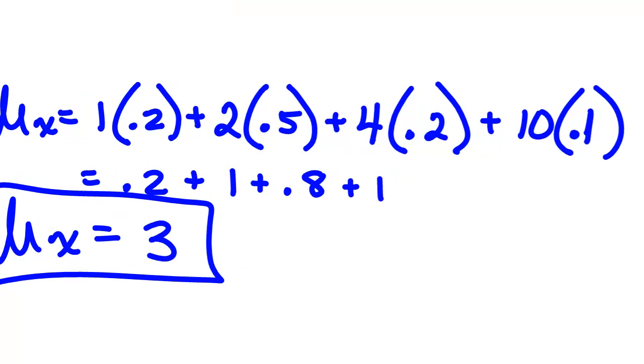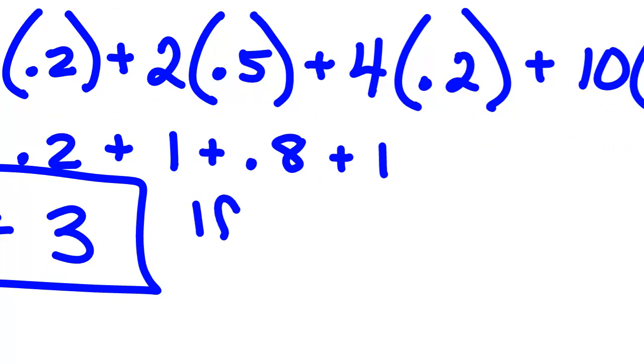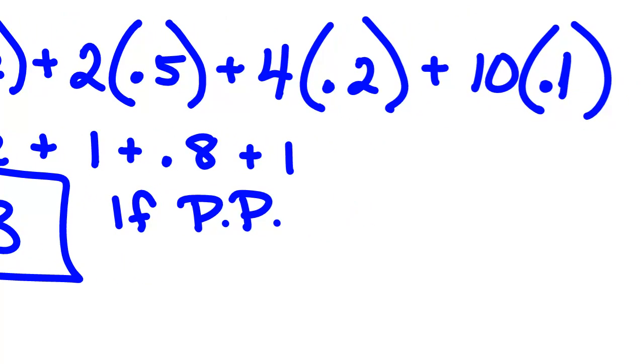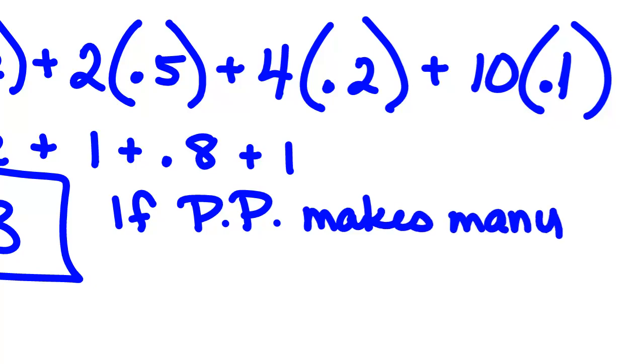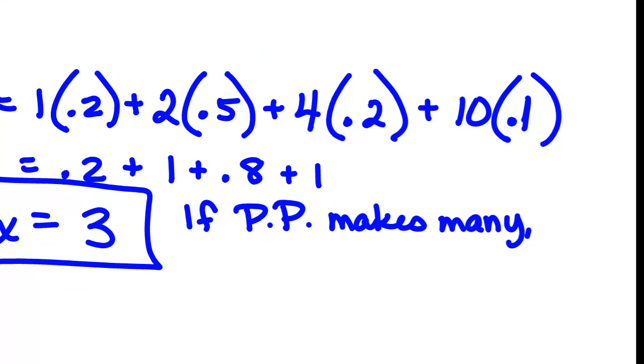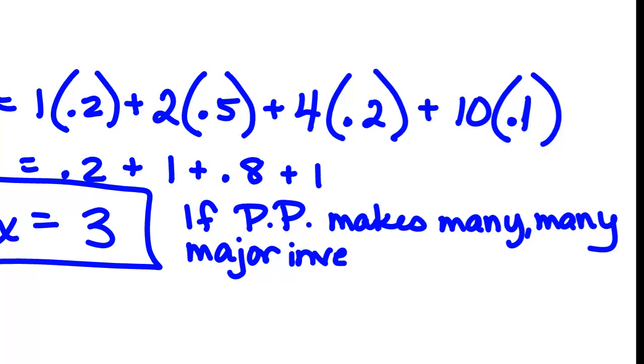So my interpretation of that would be if Picard Partners, I'm going to call them PP, makes many, many, many major investments, all I've done right there, other than the many, many part, is I've restated what X means.